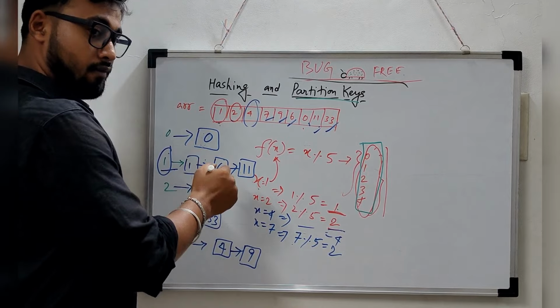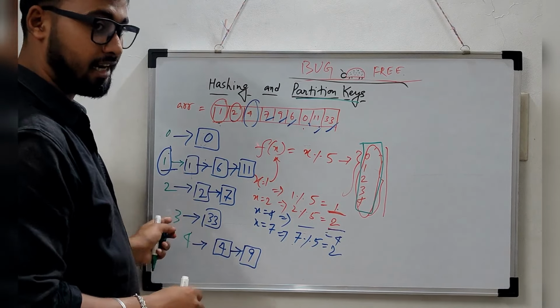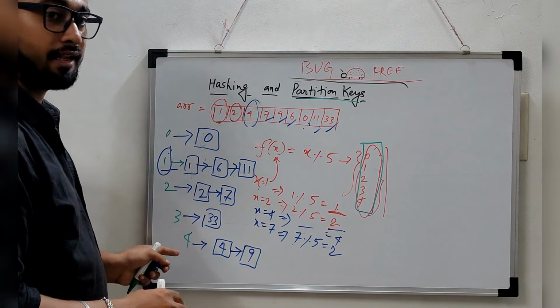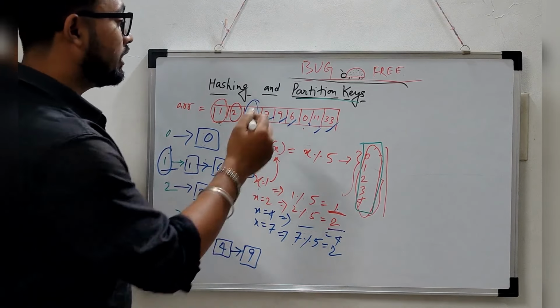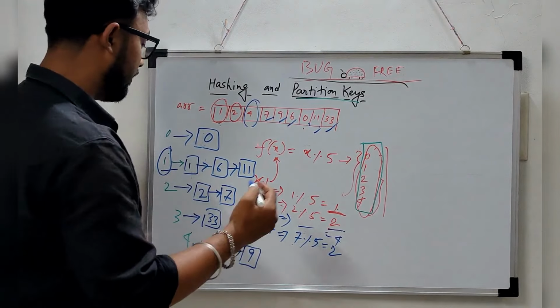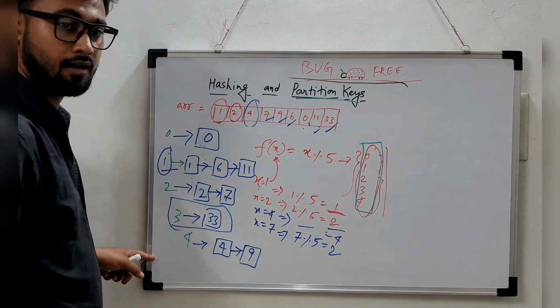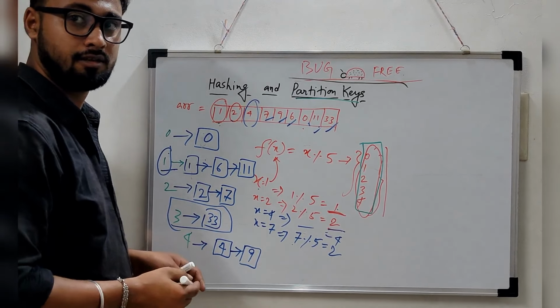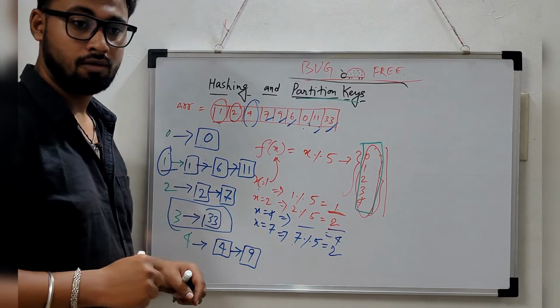We got it in the order of 2 here, the second element is there. We are getting it in constant time basically. That's why it is very helpful. Now let's imagine it is 33. What will happen here? We got it in order of 1, right? Isn't it better?